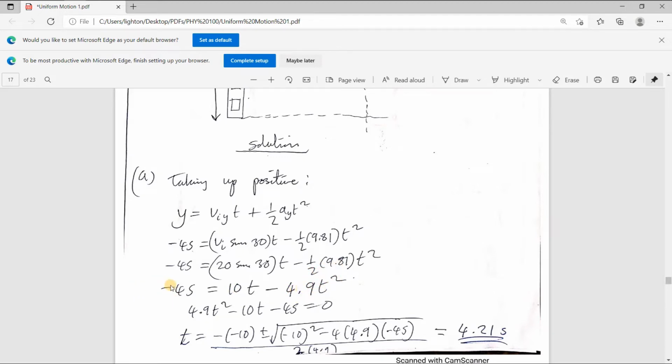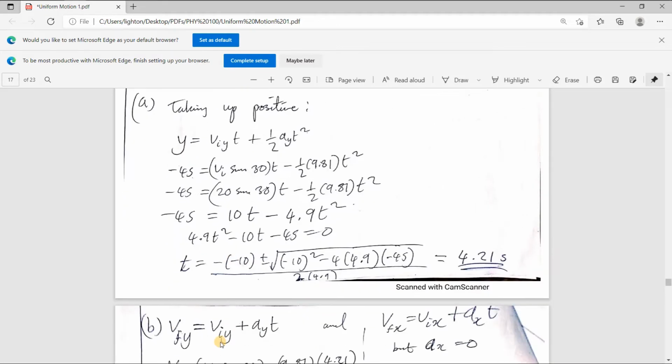We can rearrange these terms to move them to the left so that we get this expression here. Now, this expression is just a quadratic equation which we can solve for time using the quadratic formula.